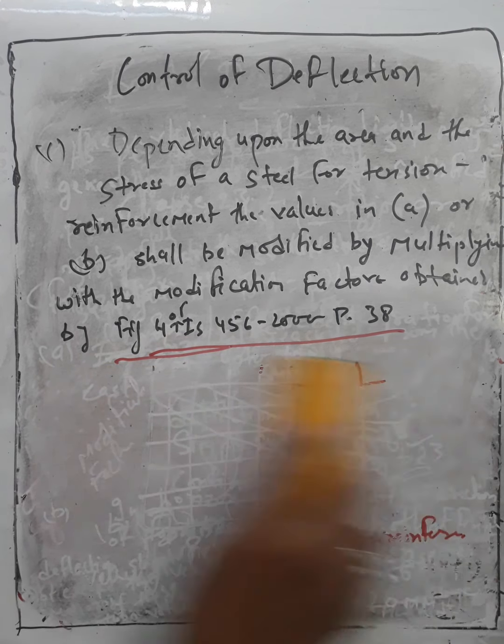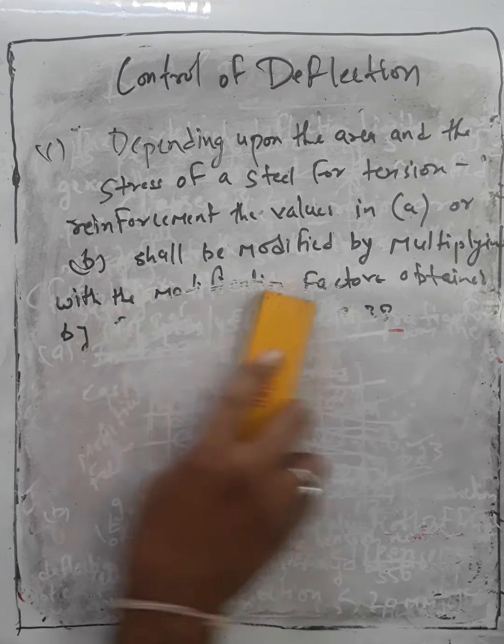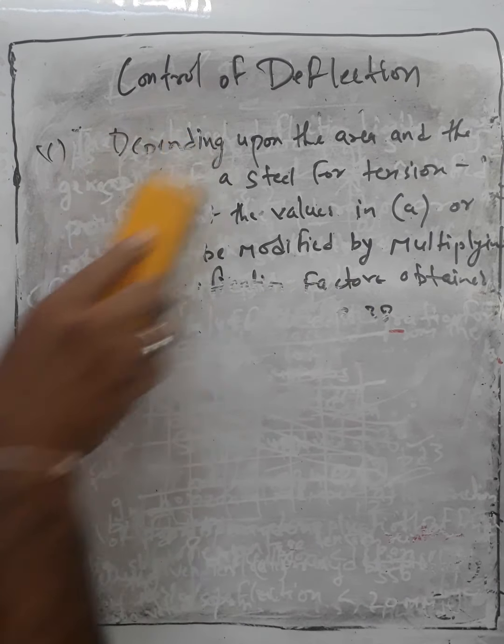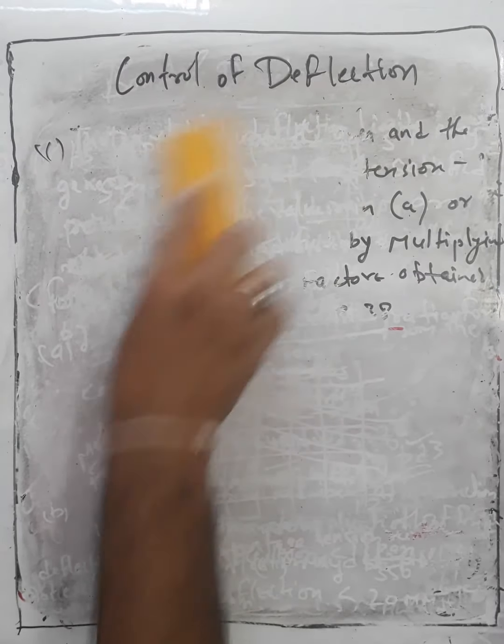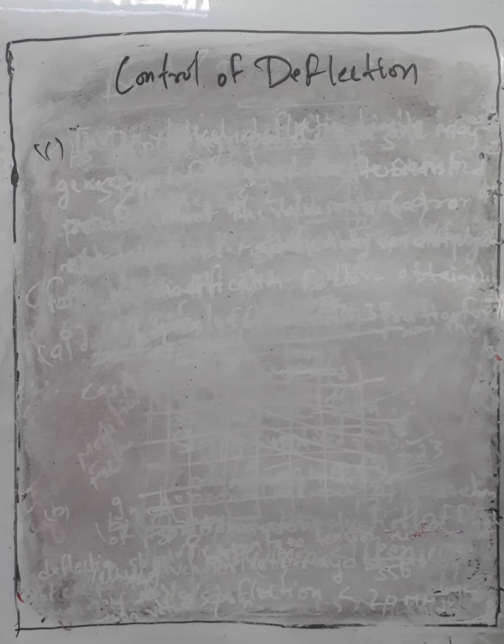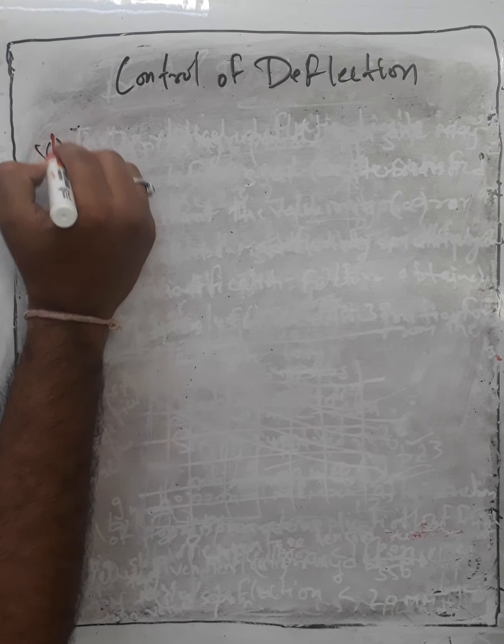Same figure is given for compression also. When we design a doubly reinforced beam we need a compression part also, so here we consider compression.